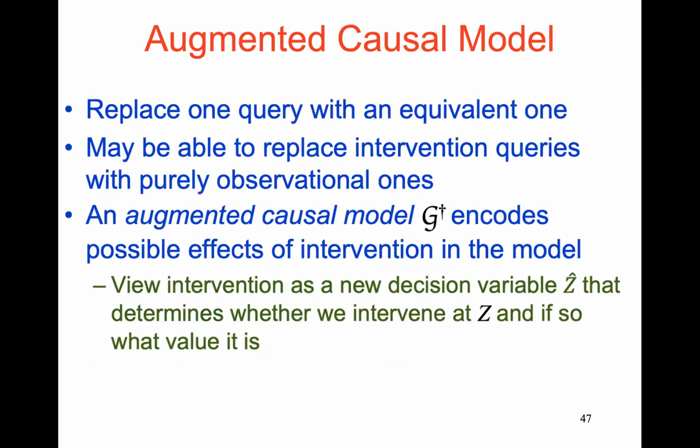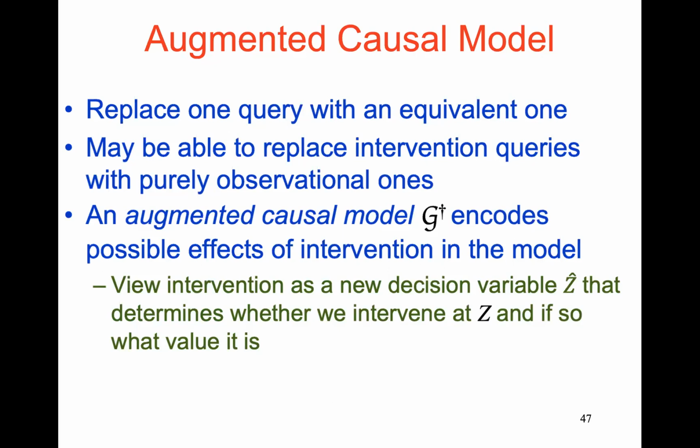So we talk about an augmented causal model. If you have a causal network and you have a query, then replace one query with an equivalent one, and we may be able to replace the intervention queries with purely observational ones.